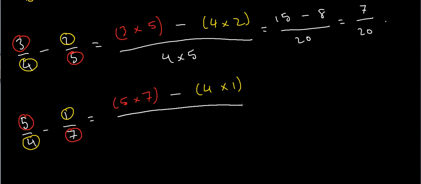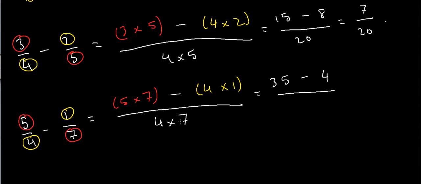Then I divide the whole thing by the product of whatever's on the bottom. And 4 and 7 are the numbers on the bottom, so we've got 4 times 7. Now we've just got to simplify. Well, 5 times 7 is 35. Minus 4 times 1, or anything times 1 is just itself, and 4 times 1 is 4.